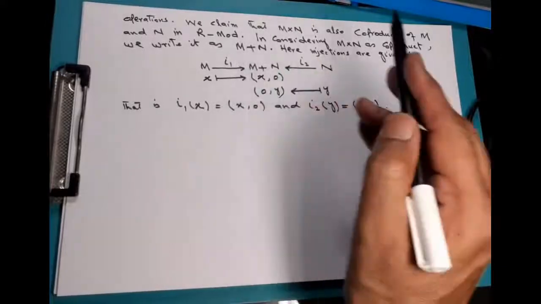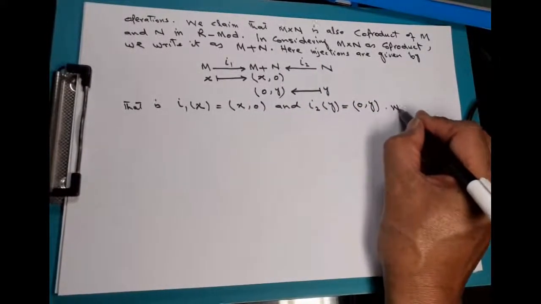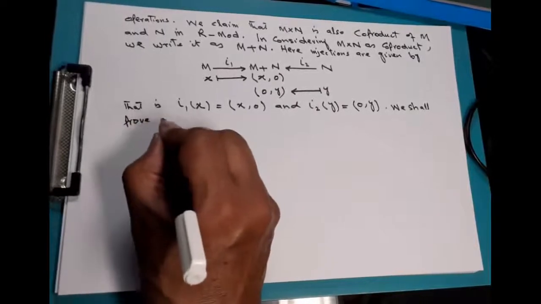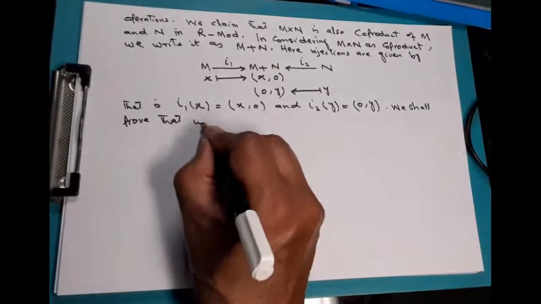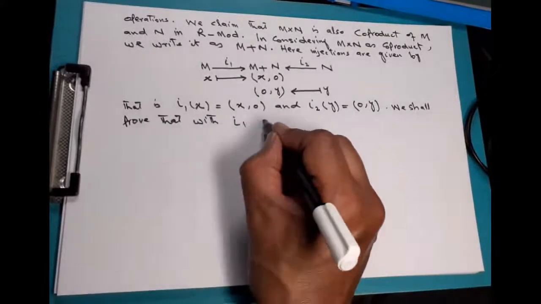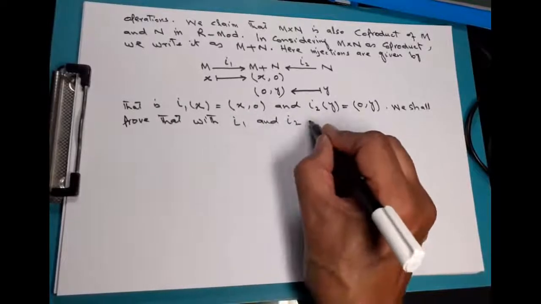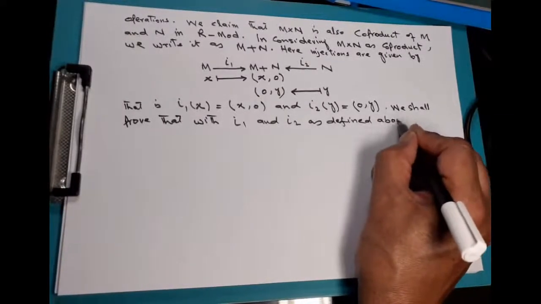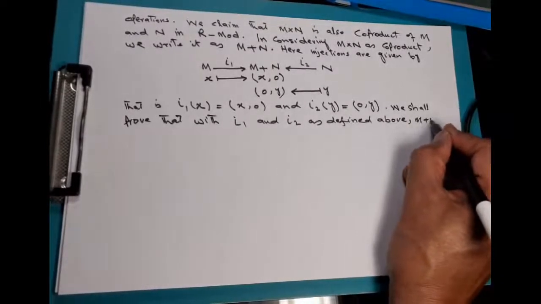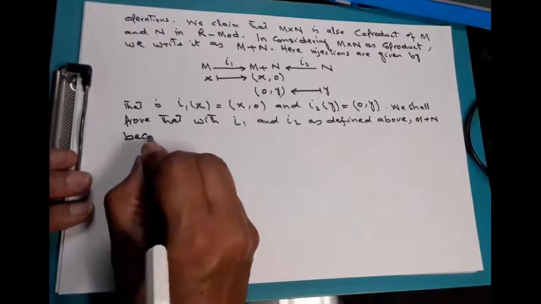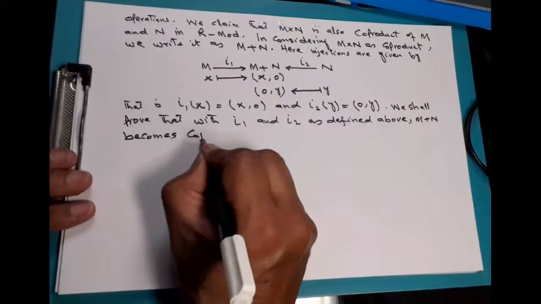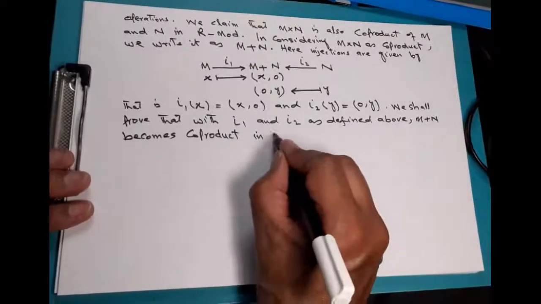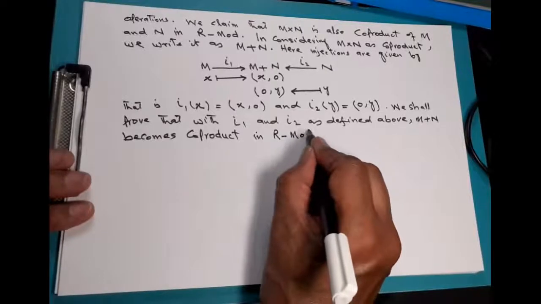We write it as M plus N. Anyway, we shall prove that with I1 and I2 as defined above, M plus N becomes a co-product in the category of left R-modules, or R-mod. So this is what we are going to prove.